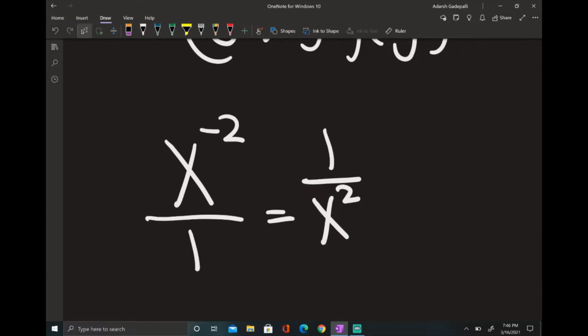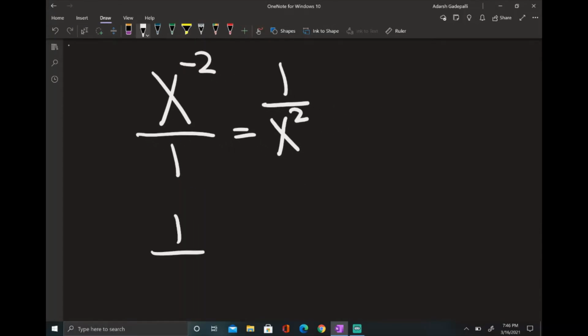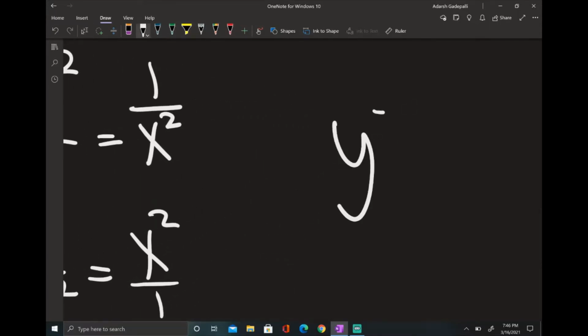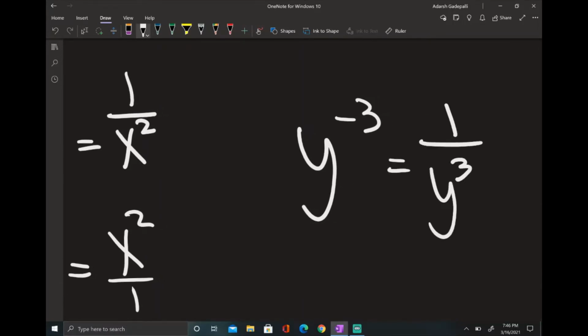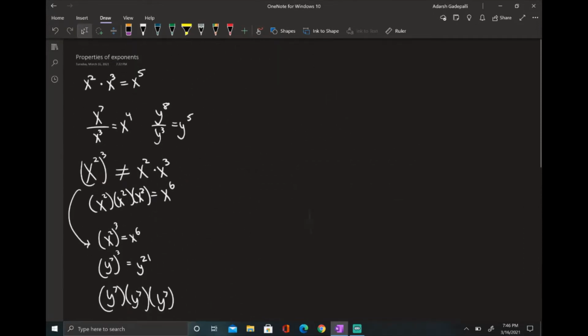By flipping it over, you keep the same exponent, but it becomes positive. If I gave you 1 over x to the negative 2, this is the same thing as x squared over 1, which is just x squared. For example, y to the negative 3 would be 1 over y cubed. Those are the basic properties of exponents.